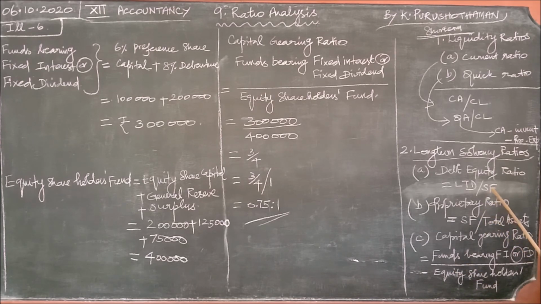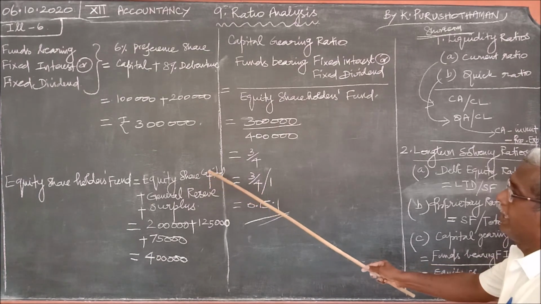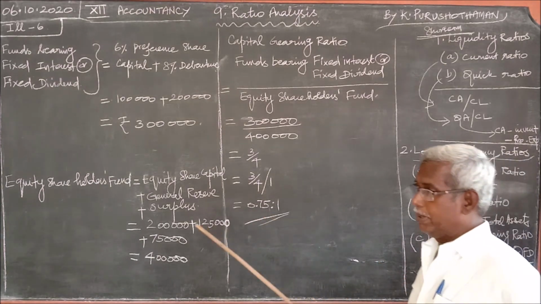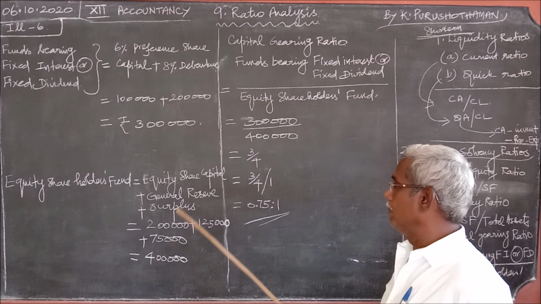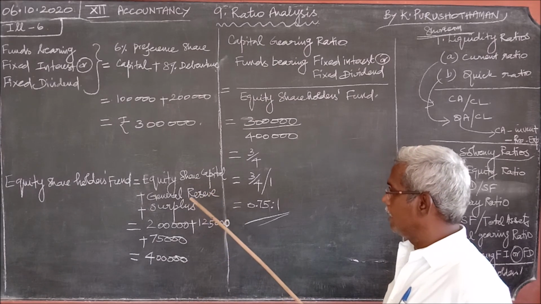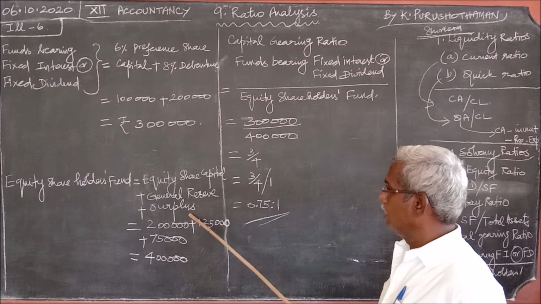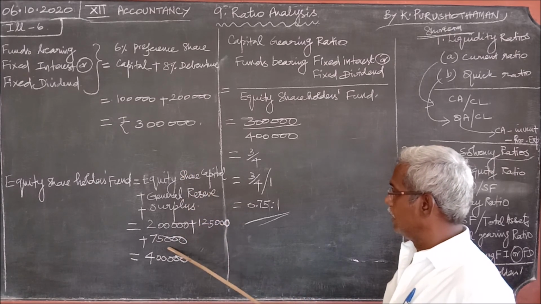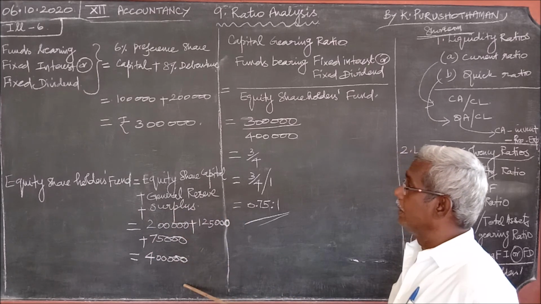Here you should take only equity share capital, and plus, as usual, reserves and surplus. So far in other problems, reserves and surplus are combinedly given, but in this problem, general reserve is separate and surplus is separate, and therefore these two items are given separately. So these three items are added together and written.